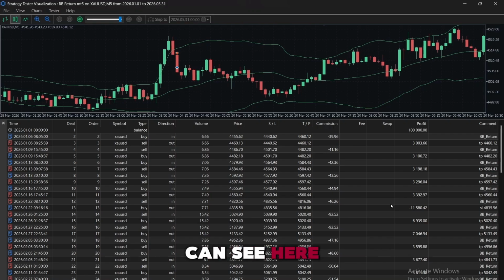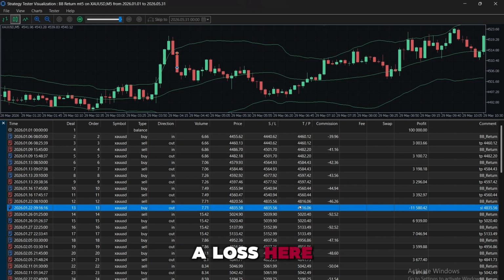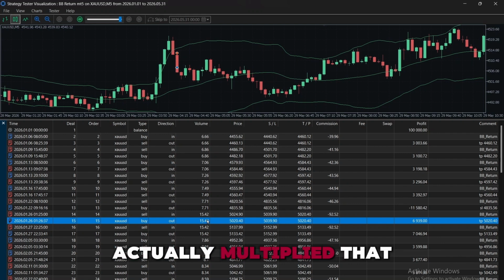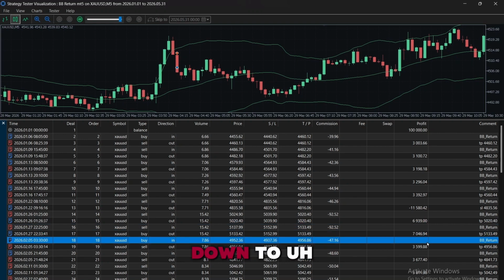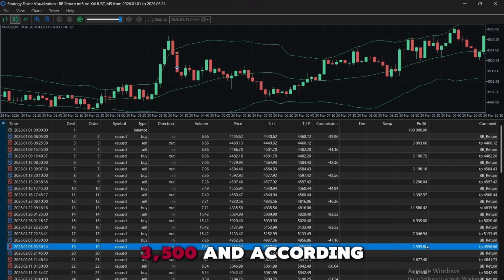You can see here, for the case where we had a loss, we used a lot of 7.71. On the next trade, the expert advisor actually multiplied that lot to, I think, 15.42 in order to hit double of what the initial profit was, and did that again as well before going back down to 3,500.